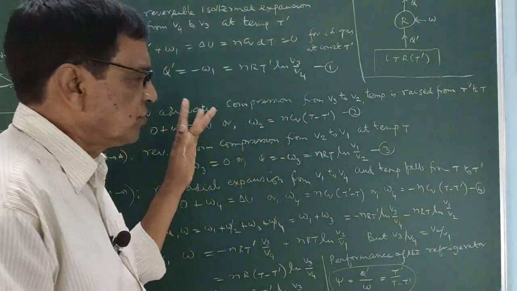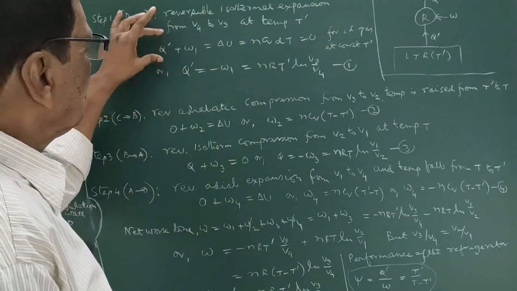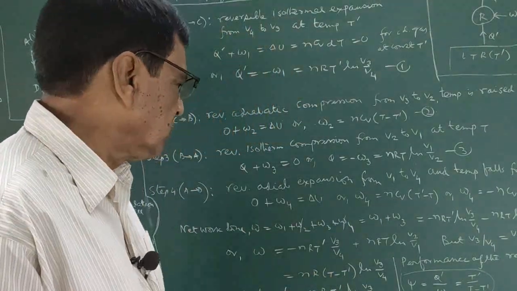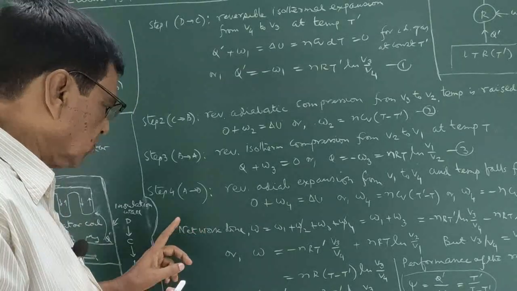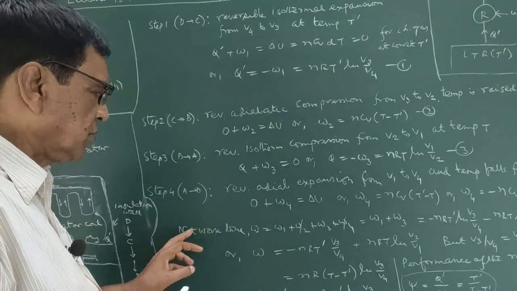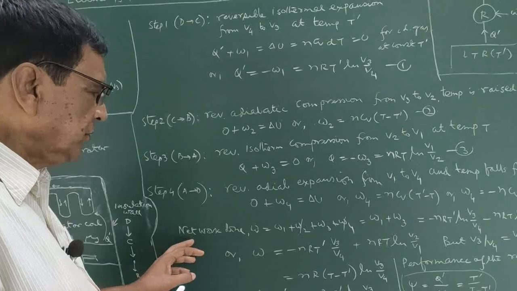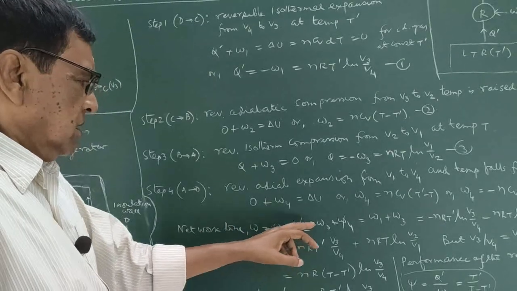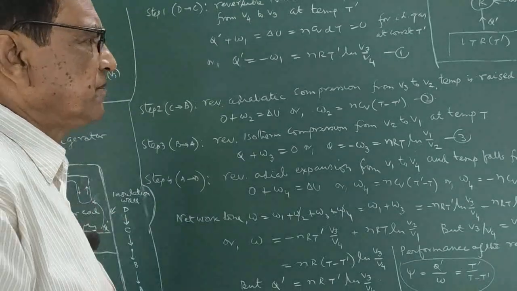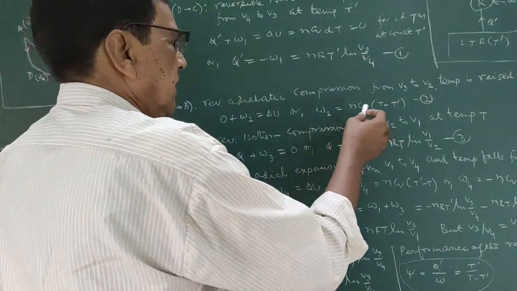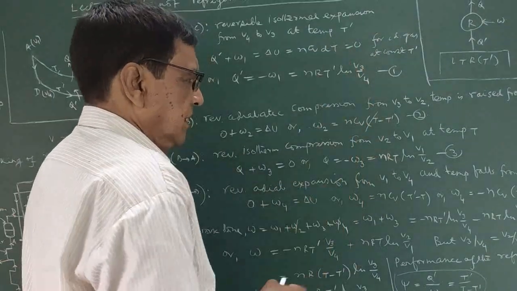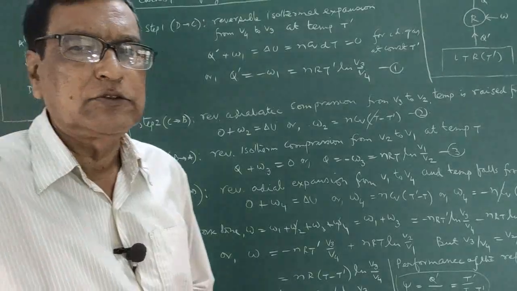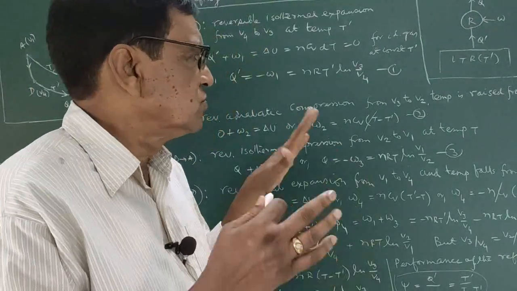So these are the 4 steps, and an amount of work is done in each of the 4 steps, and the total work, the net work done, W equal to W1 plus W2 plus W3 plus W4. But you can see this W2 and W4 are equal in magnitude but opposite in sign. So these two are cancelled.